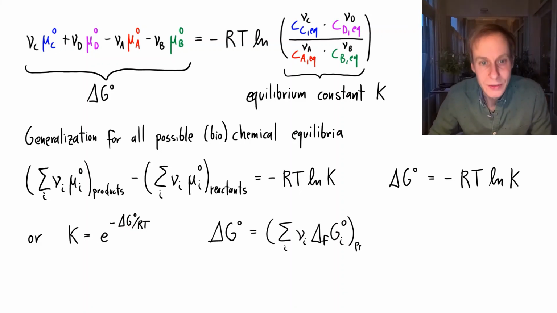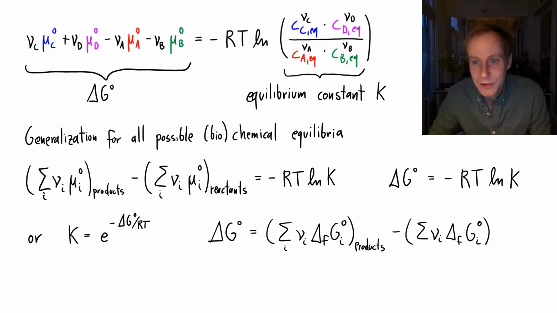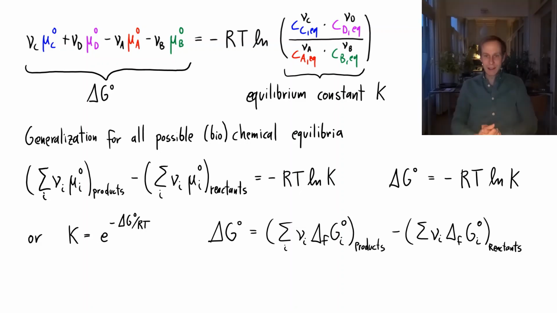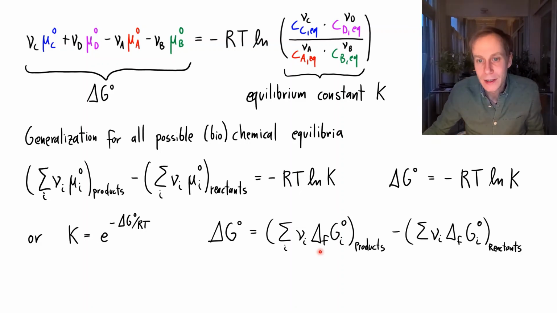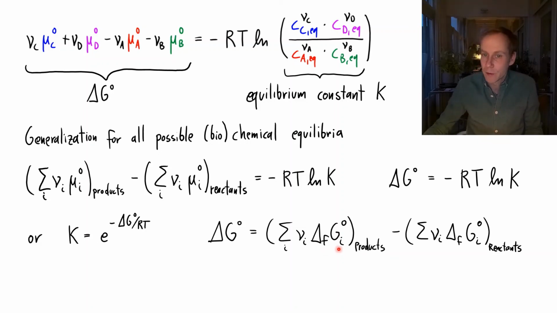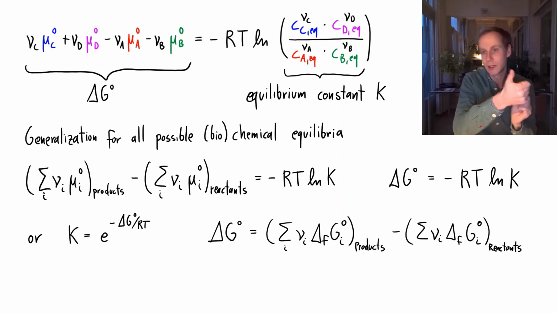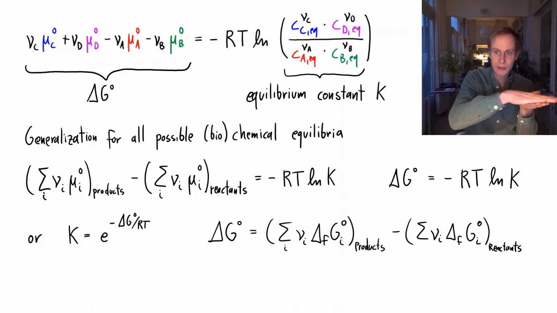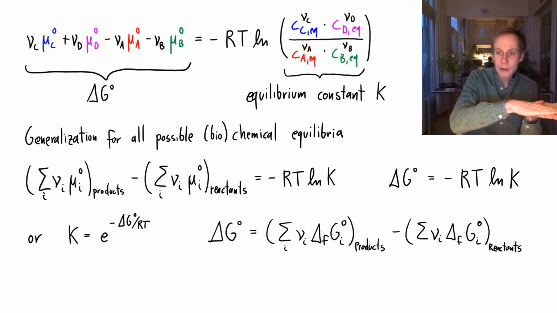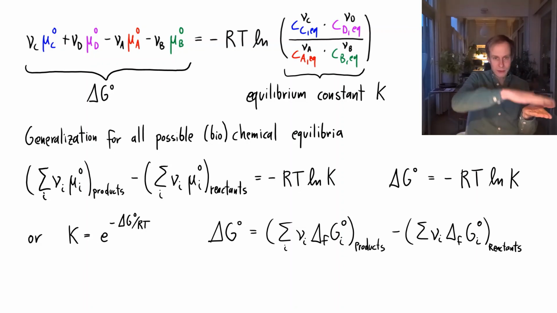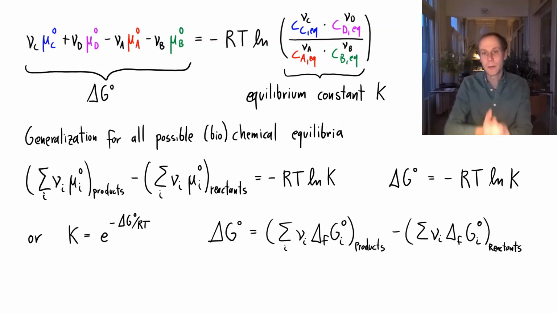So delta G standard, we've learned before, can be calculated with the Gibbs free energy changes of formation. You remember, with respect to the pure elements, carbon, hydrogen, oxygen, nitrogen, that is where the free energy change, the free energy is defined to be 0. And for any molecule, you can then obtain, with respect to that state, a free energy of formation.